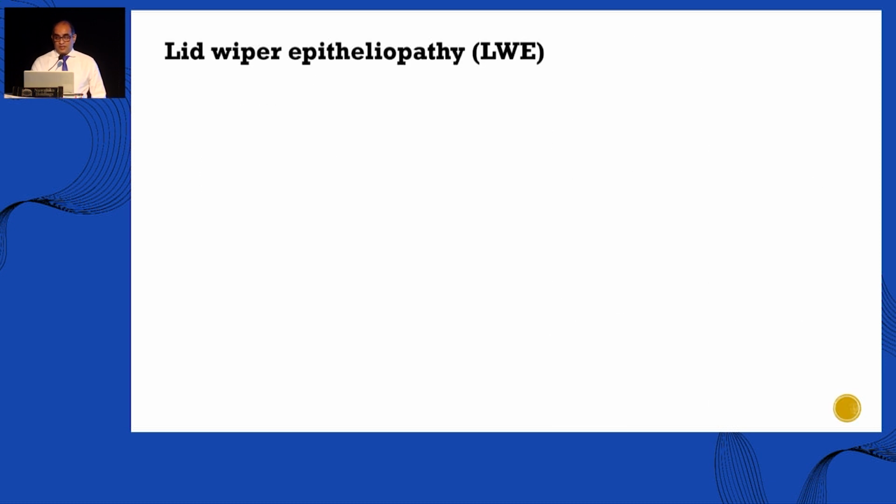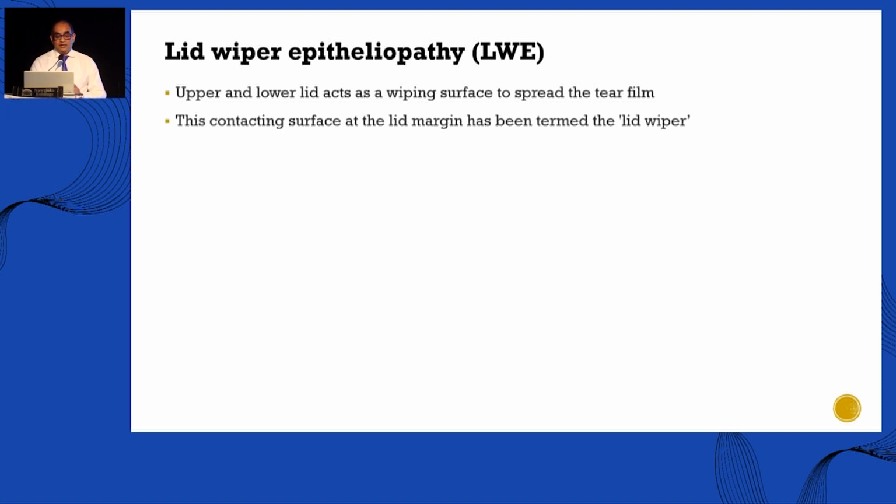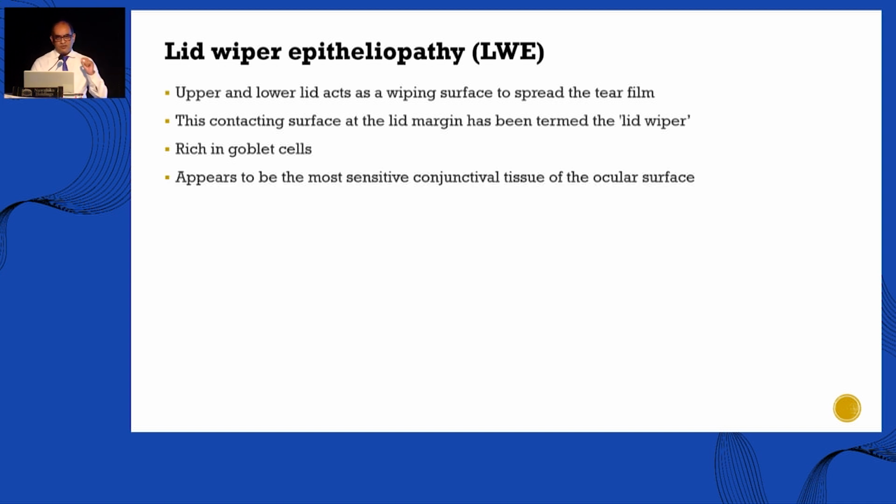Lid wiper epitheliopathy is a new term, I think, which is also very important. The two lids, upper and lower, act as a wiper, and the margin of the lids is rich in goblet cells and appears to be a more sensitive tissue of the ocular surface.